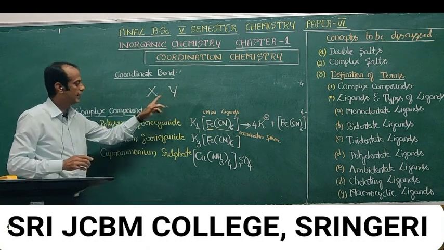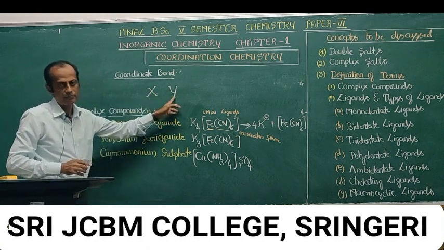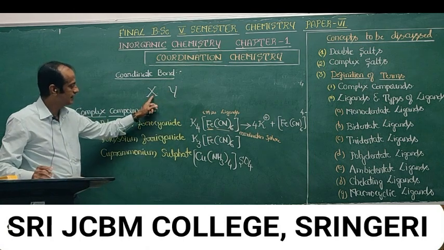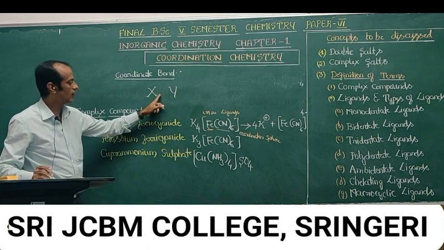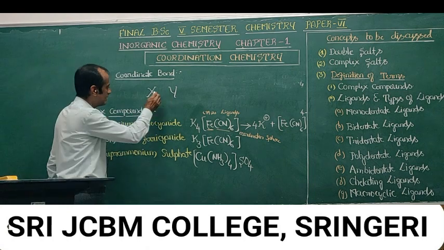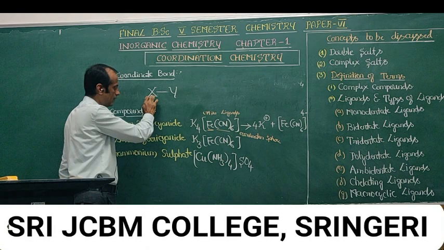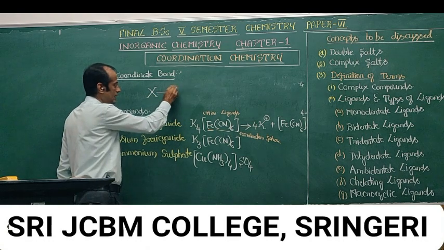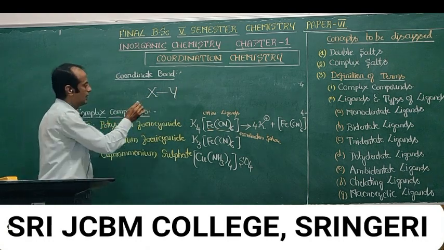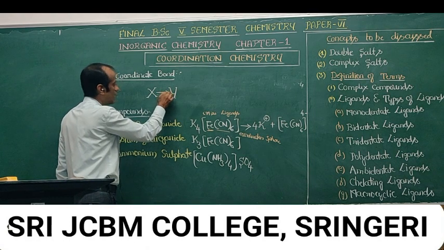So in case of a coordinate bond, the pair of electrons required for the formation of the bond is donated by one of the bonded atoms. Now let us imagine X donates a pair of electrons to Y. As a result, a bond is formed between X and Y, and that bond is shown by an arrow mark.